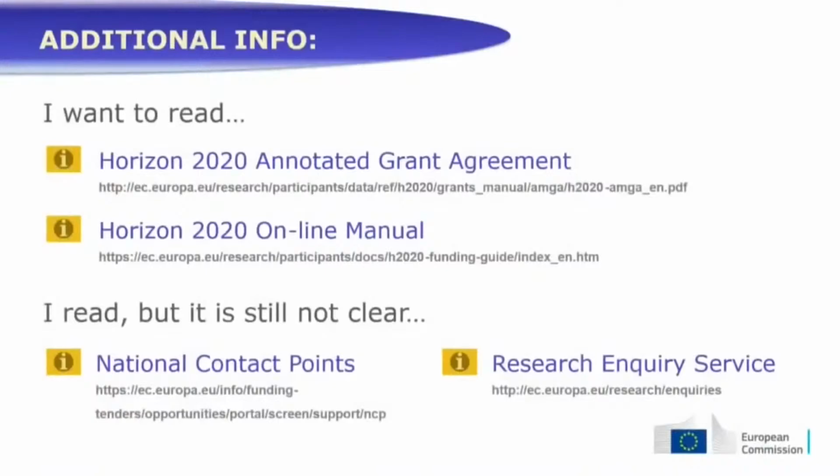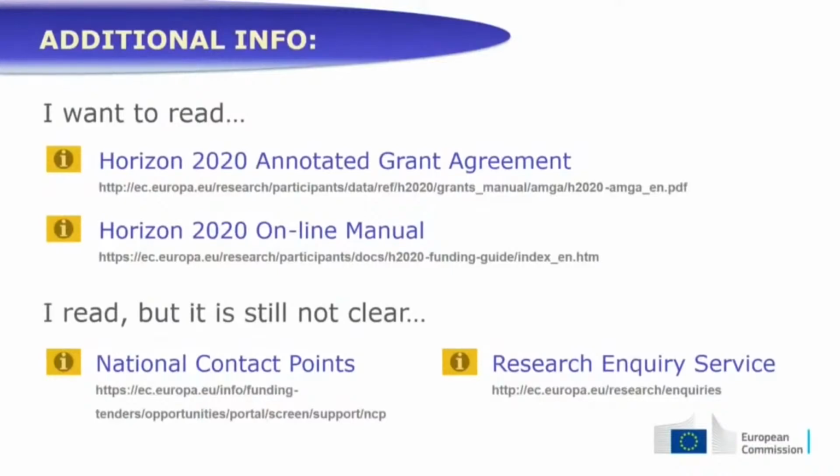So this is going to be my last slide, and it is about where you can find more information about everything that I have explained and many more issues that today we didn't have the time to get into in detail. First message: you have heard me speaking several times about this Horizon 2020 annotated grant agreement. This is really the book where everything is explained.